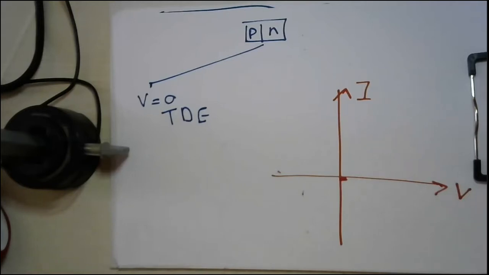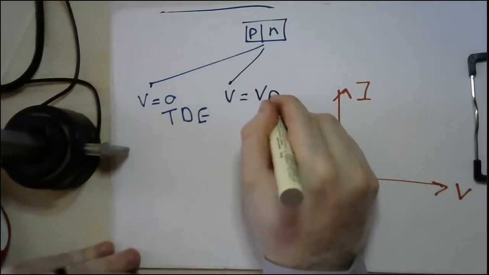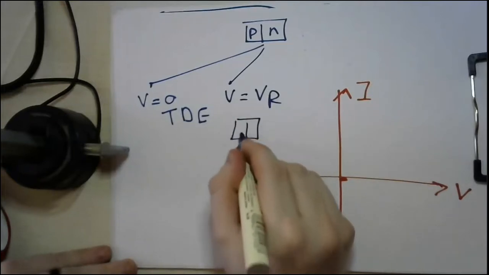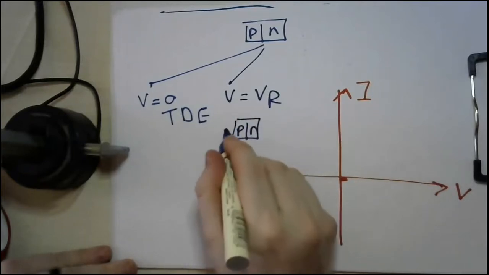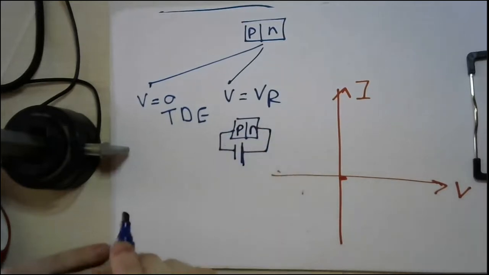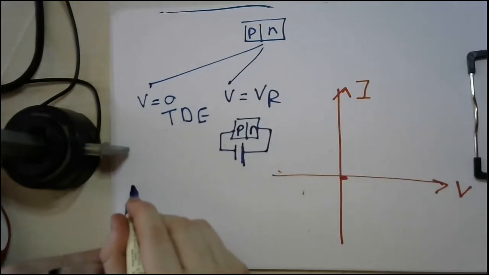Now, if we add a reverse voltage, what I mean by reverse voltage is simply that this PN junction is connected in this manner. It's the same direction of the built-in potential. So you will have an energy band diagram that looks like that, if you remember.